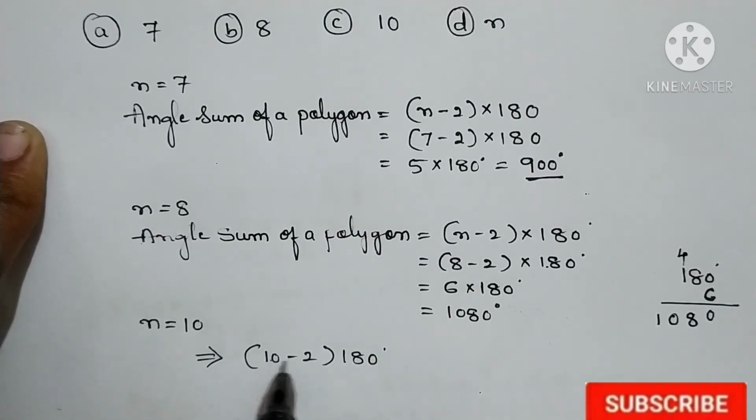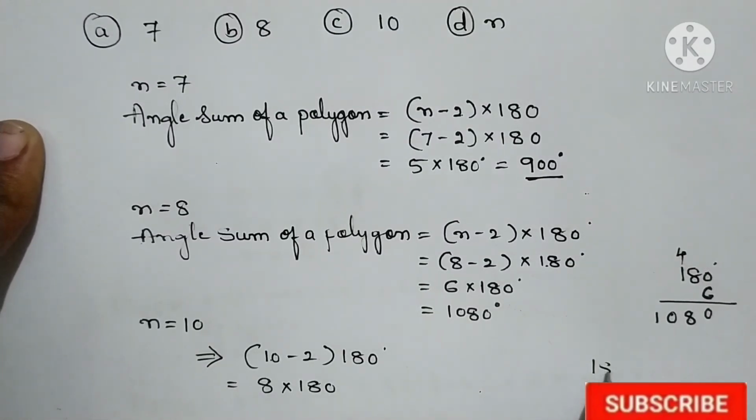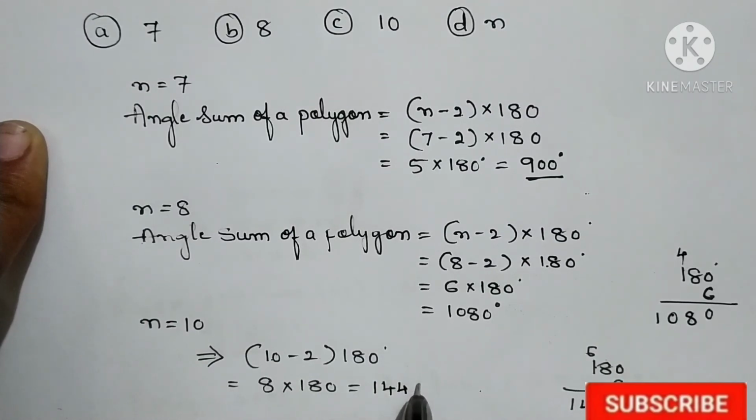Now 10 minus 2 is equal to 8 into 180 degrees. So here you should multiply 180 into 8: 8 0s are 0, 8 8s are 64, 6 carry 4, 8 1s are 8 plus 4, that is 12. So this is equal to 1440.